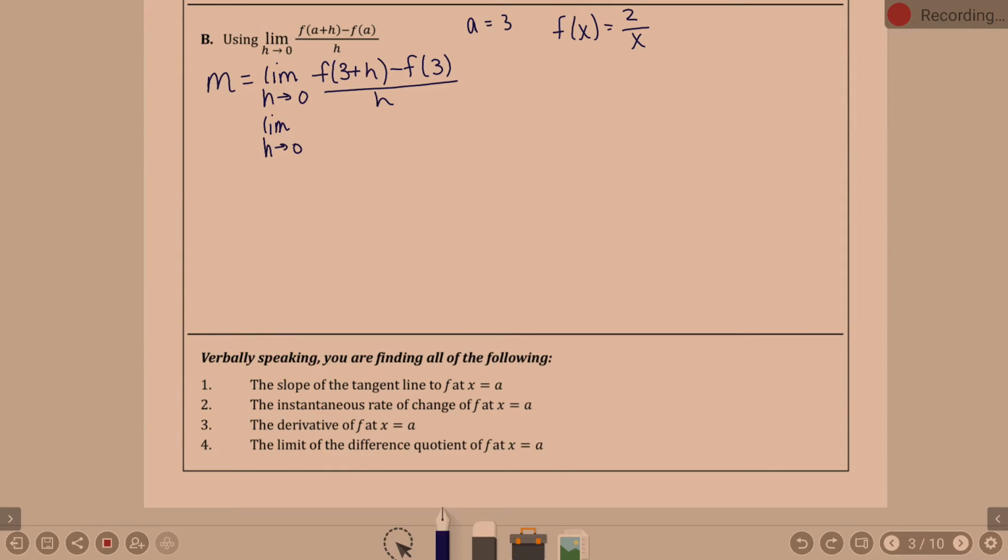It's 2 over 3 plus h, minus f of 3, which is 2 over 3, all over h.